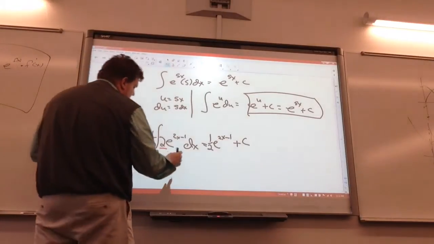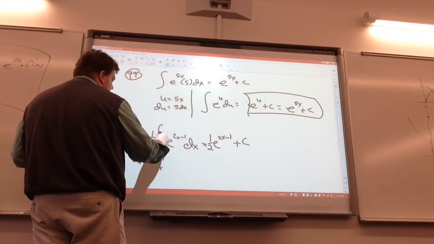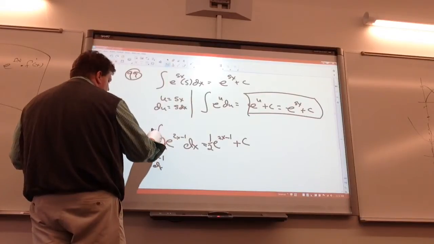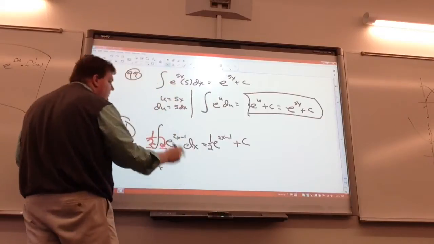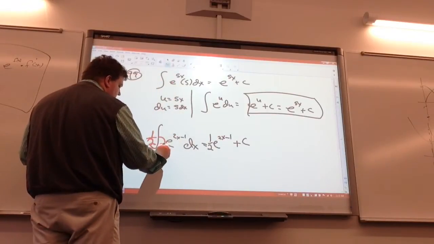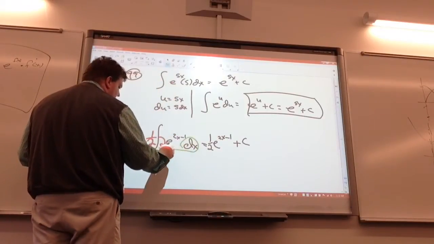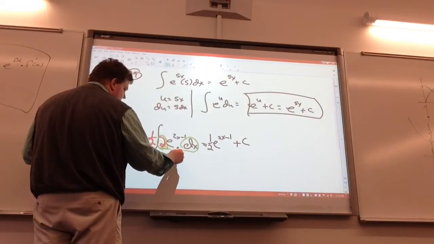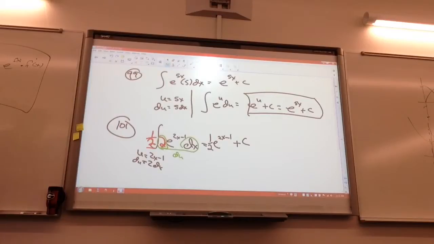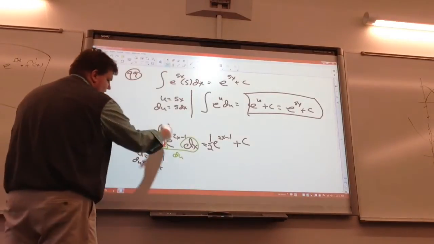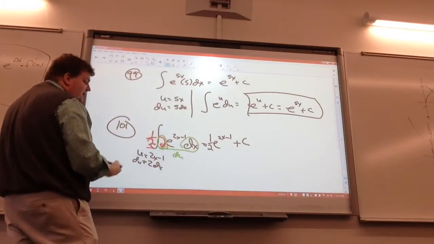That 2 comes in because your du is 2 dx. So basically what you're teaching us is how to skip a step, or how you could recognize it for certain ones and skip a step. And so there's my du, but to account for that, I added the 1/2 on there.